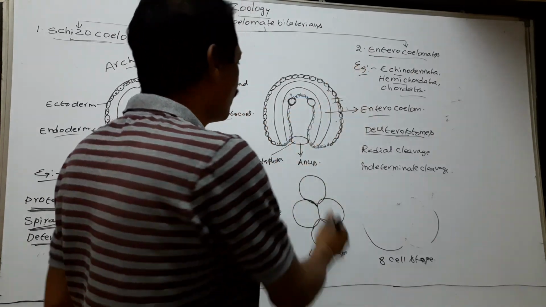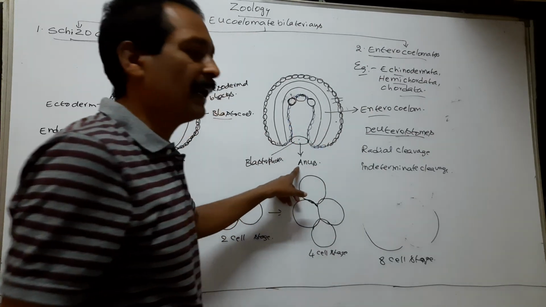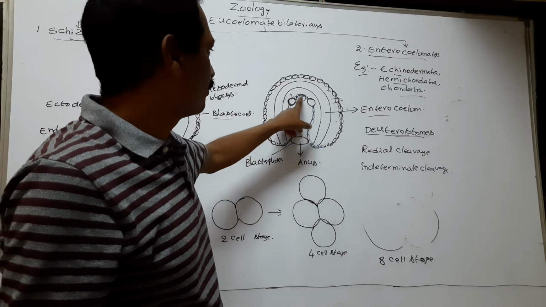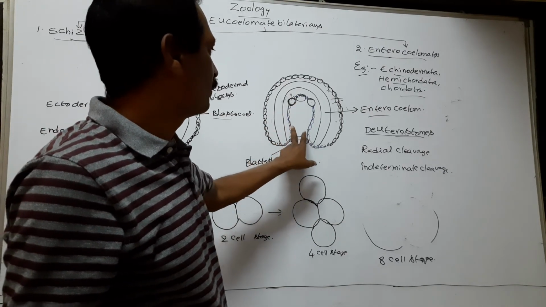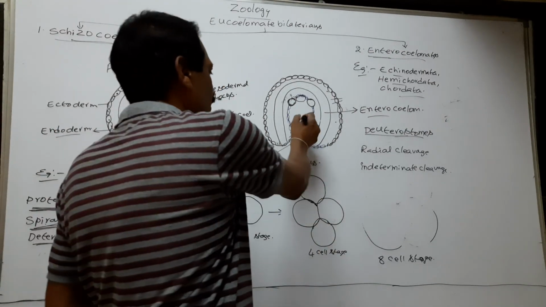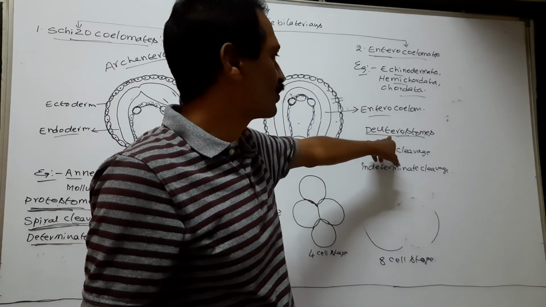The mouth is formed in the opposite direction of the anus. Between mouth and anus, the primary gut or alimentary canal is developed. So this type of animals are called deuterostomes.